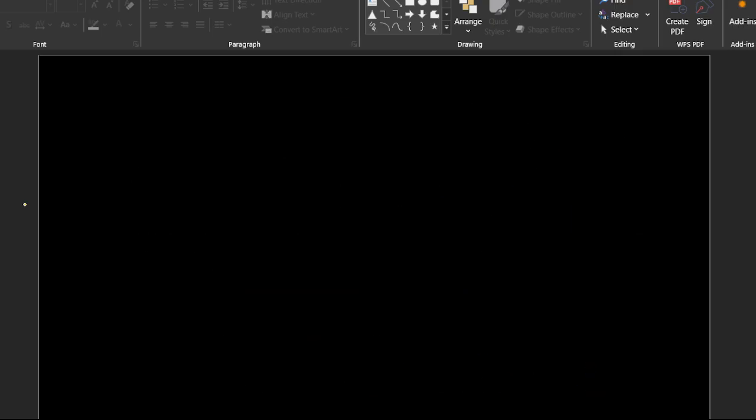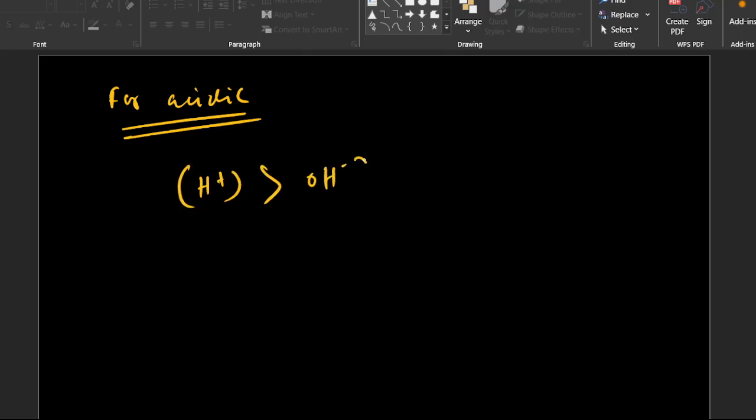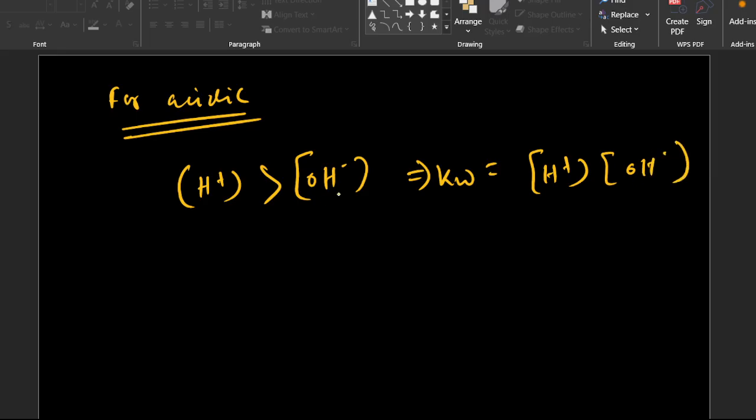Okay, so let's take the acidic case. For acidic, H plus concentration is more than OH minus concentration, and Kw is H plus concentration times OH minus concentration.